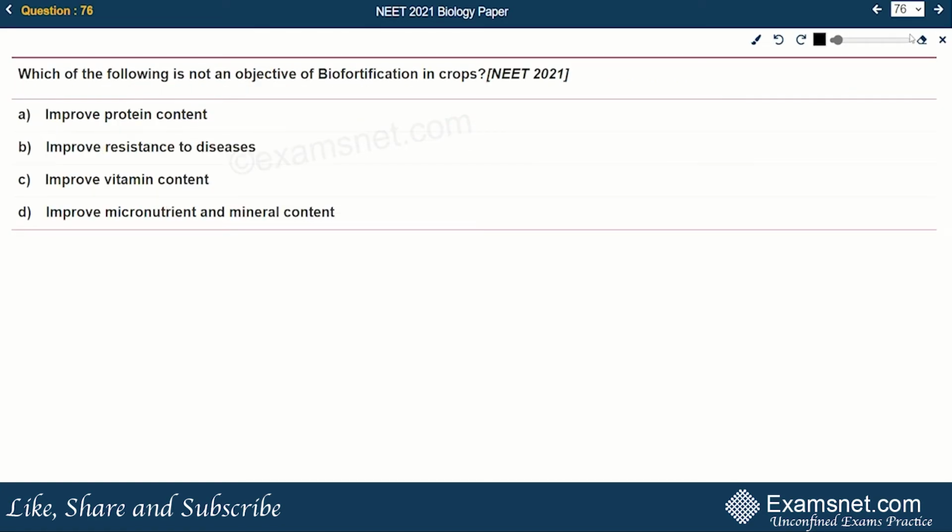Next question is from the chapter Strategies for Enhancement in Food Production, class 12. And the question is, which of the following is not an objective of biofortification in crops? So what is biofortification? It is the process of breeding crops with higher levels of vitamins and minerals or higher proteins and healthier fats. Okay. So let's write it down.